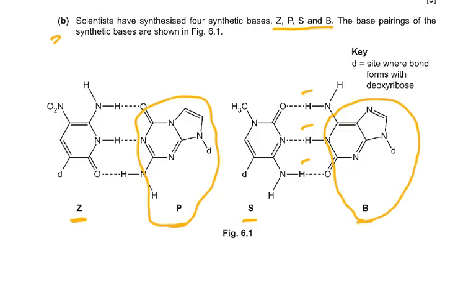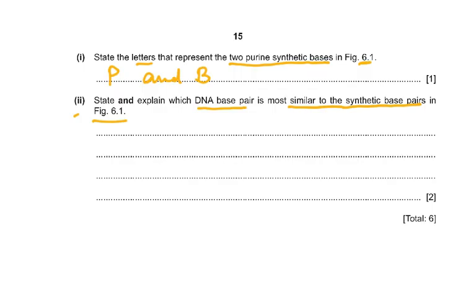So they were asking you how are they similar to this. So when we look at it, it is C and G. AT has 2 hydrogen bonds. C and G have 3 hydrogen bonds. And I tell you to remember it: C is the third letter of the alphabet. So C and G are held together by 3 hydrogen bonds.